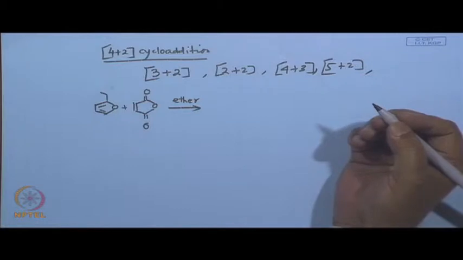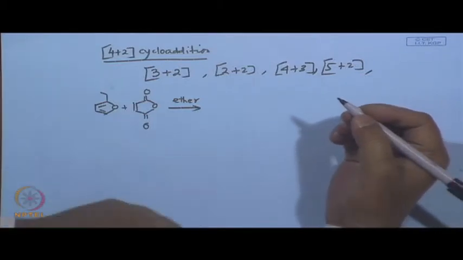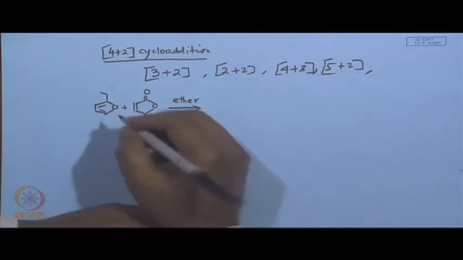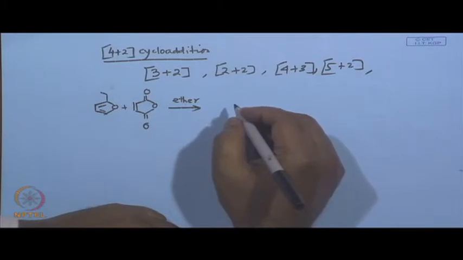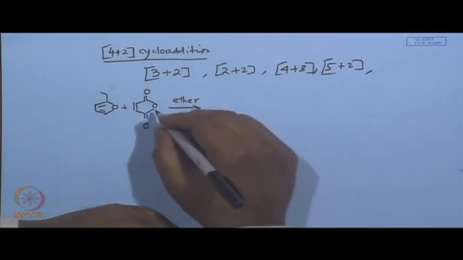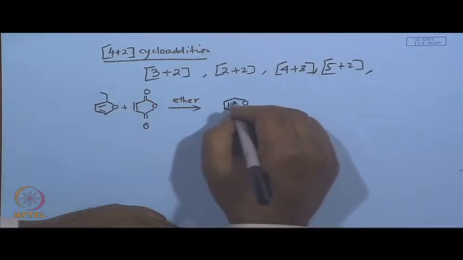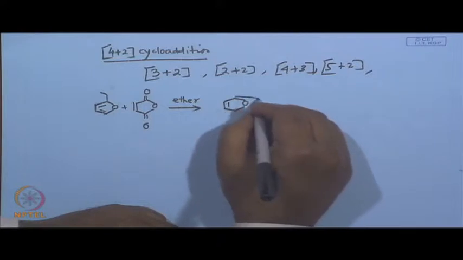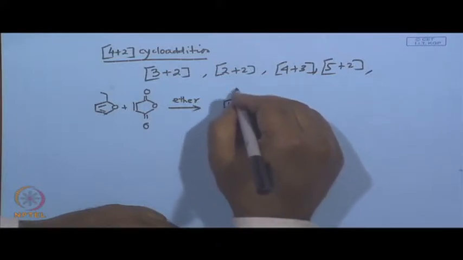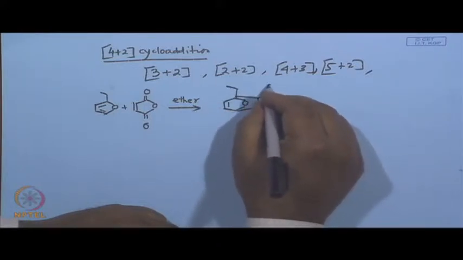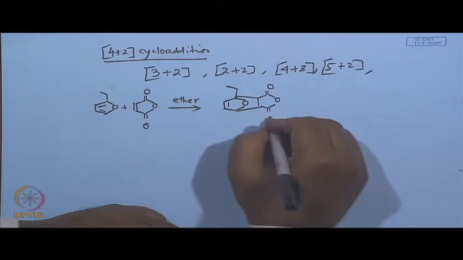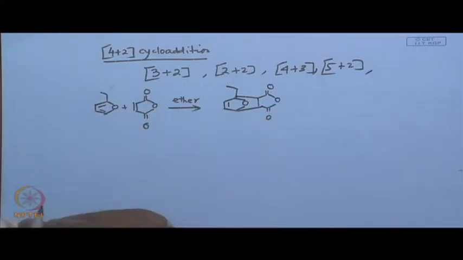So, all of you know what is the product, right? The way I have drawn, the furan acts as a diene and the maleic anhydride as the dienophile. And the product that one can quickly write, I will write the linear form, and all of us know that it is endo exclusively, and so what you will get? You will get the cyclic compound, right.